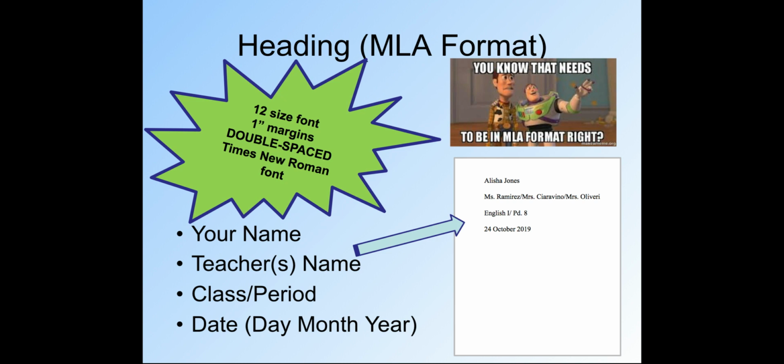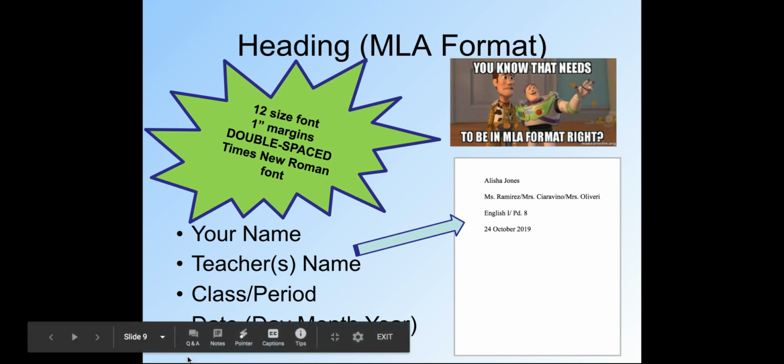So you'll notice that when you're writing anything on Google Docs, it automatically changes the font to Calibri or Arial. Well, I need you to make sure that you always highlight everything and that you change the font to Times New Roman. Okay?